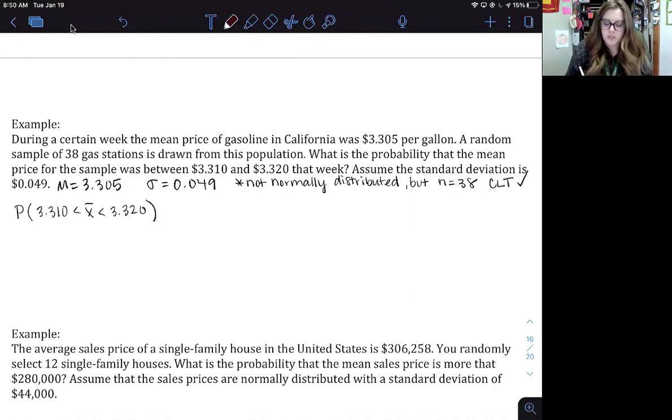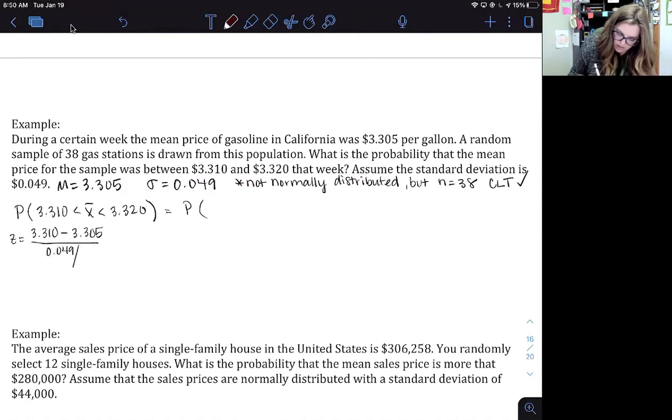And now we're going to just find our z-scores and do the same thing as what we did last week. So z equals, looking at our first one, 3.310 minus our mean, divided by 0.049 divided by the square root of 38.